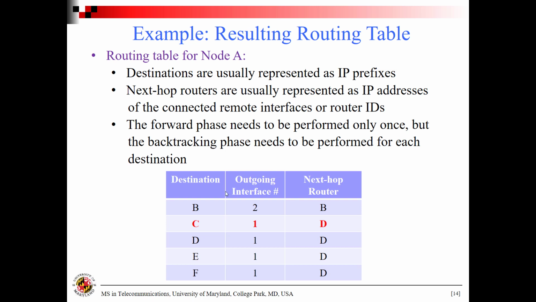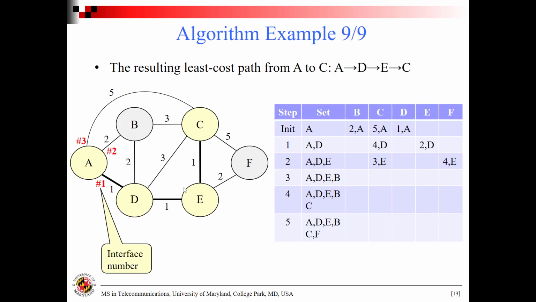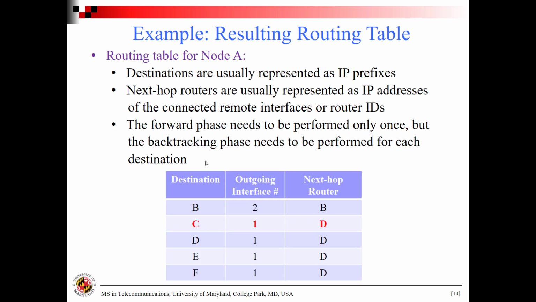Then the next entry is the corresponding outgoing interface number, which we are going to have to determine based on this interface numbering here. And then the third thing is the next hop router's router ID, or sometimes the remote connected interface's IP address.